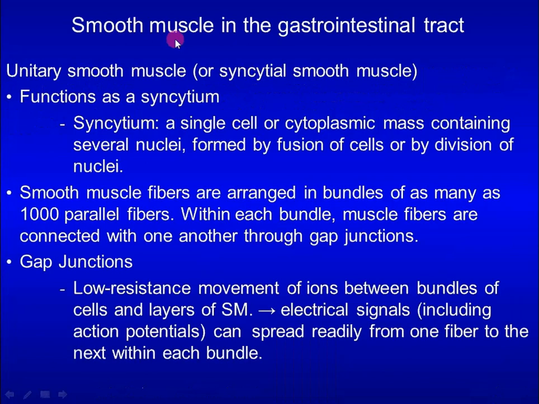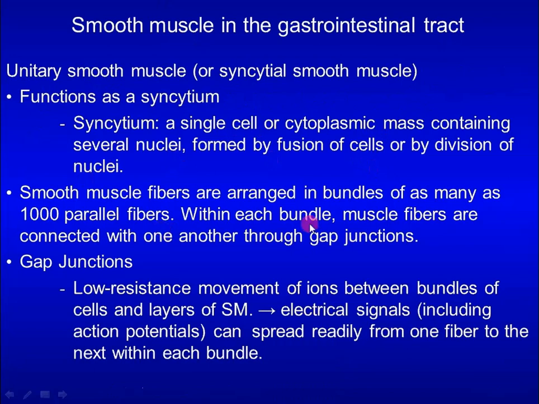Smooth muscle in the gastrointestinal tract functions as a syncytium. Syncytium refers to a single cell or cytoplasmic mass containing several nuclei, formed by fusion of cells or by division of nuclei. Smooth muscle fibers are arranged in bundles of as many as 1,000 parallel fibers.